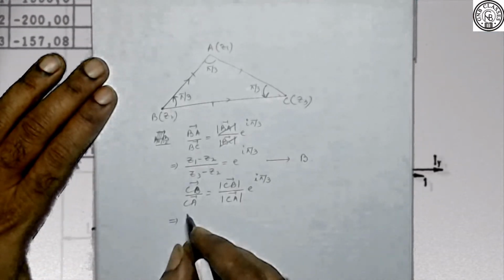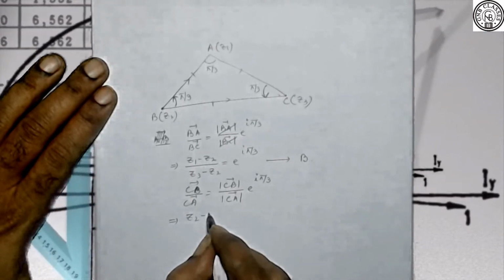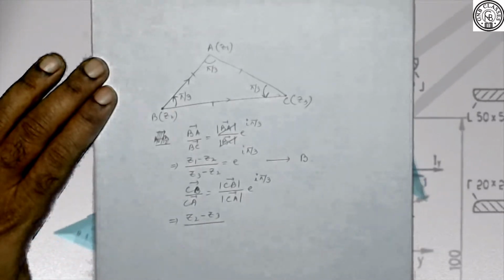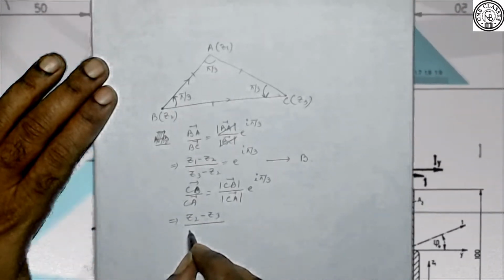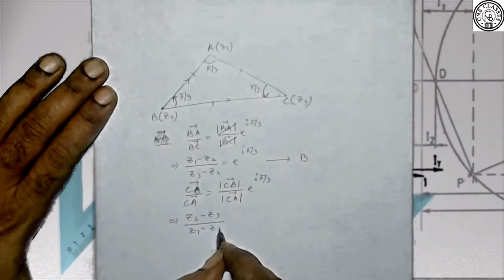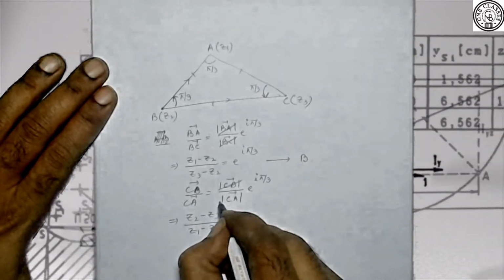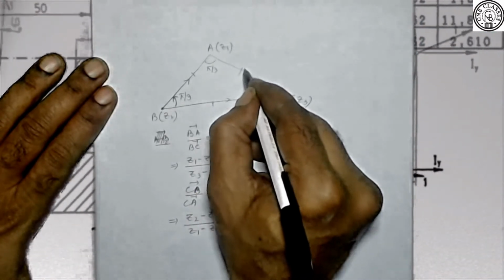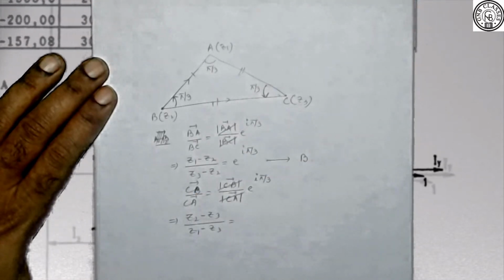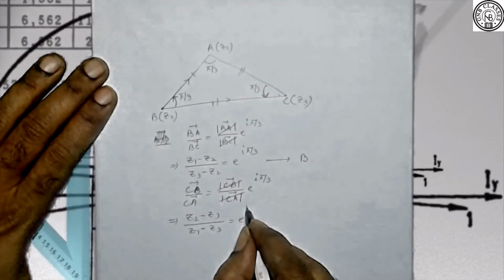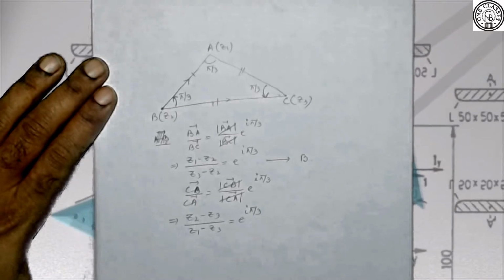CB vector is Z2 minus Z3, and CA vector is Z1 minus Z3, which is equal to, again this will go off because it's an equilateral triangle and these two sides are equal, e to the power iota pi by 3. Am I correct?